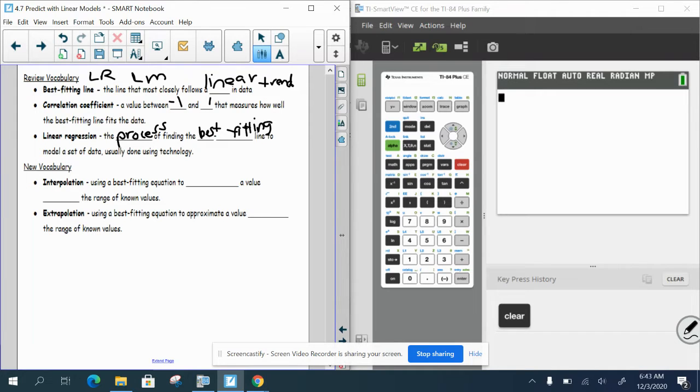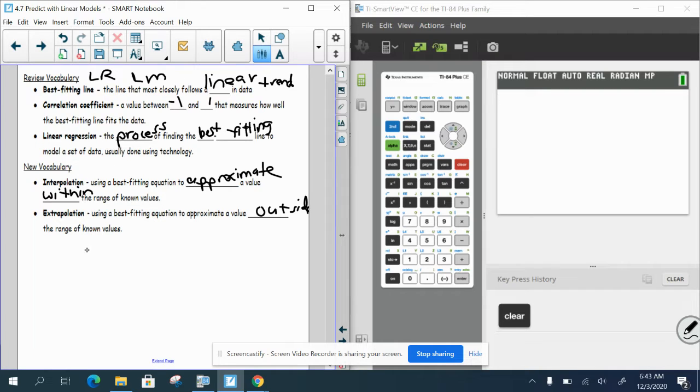A new vocabulary that you'll need to write down: interpolation is using your best fitting equation to approximate a value within the range of known values. And extrapolation is using the best fitting equation to approximate a value outside the range of known values.